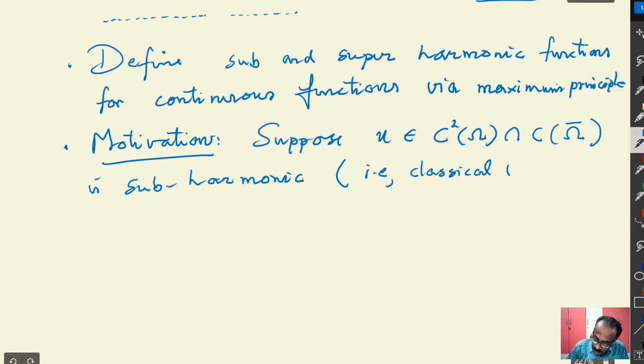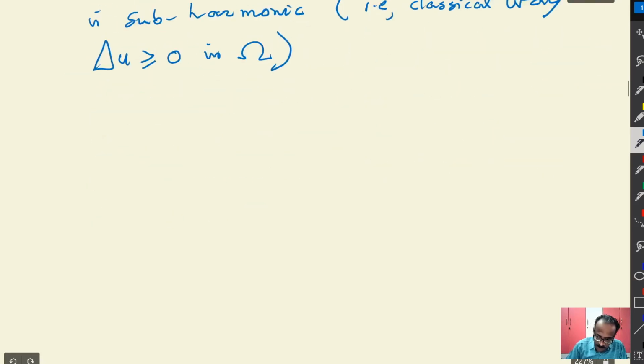Because it's smooth, this means that the Laplacian of u is greater than or equal to 0 in omega.